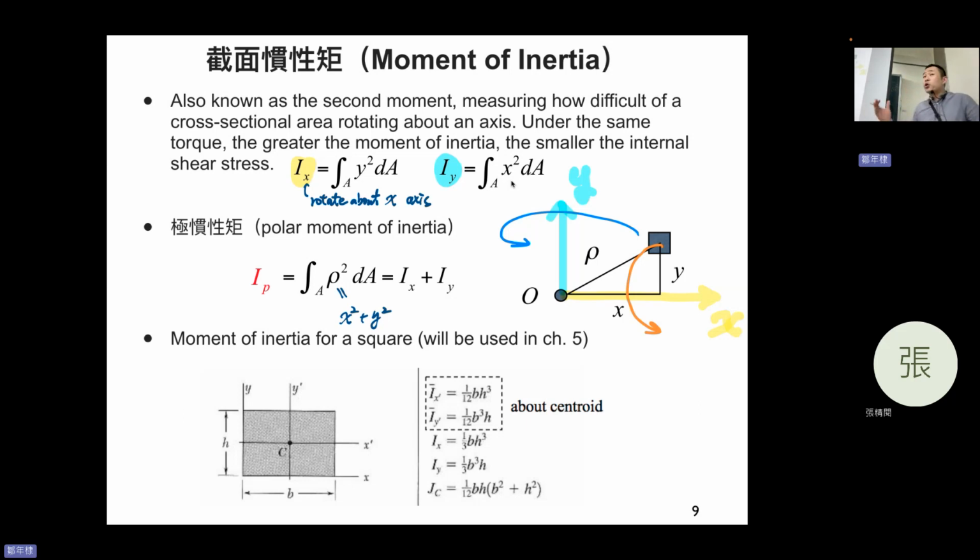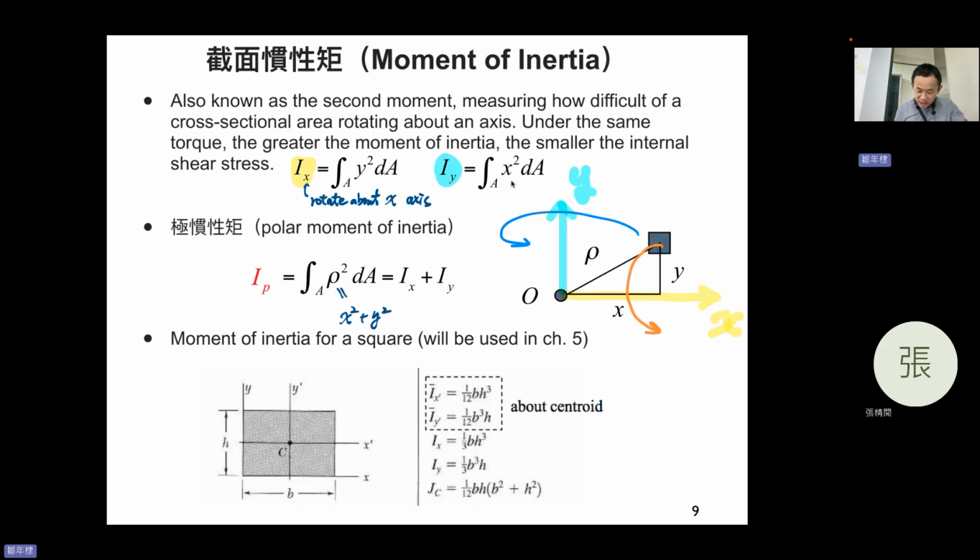So I hope you can sort of understand what moment of inertia is. But now I will give you a proper example. If you have a material with a square cross-section, what are Ix, Iy, and IP?